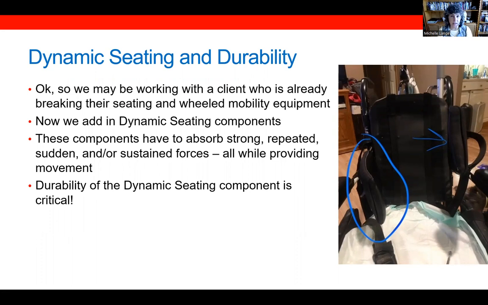So dynamic seating absorbs these forces, not only addressing the needs of the client and their equipment, but also providing movement. Now, it's one thing to handle all that force without breaking, but to move while those forces are occurring requires a very durable dynamic seating component.